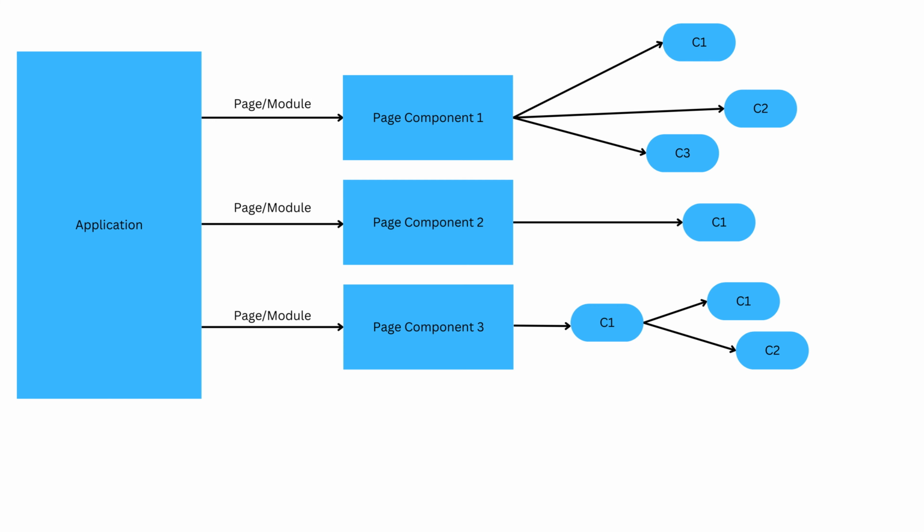As you see in this picture, the application can be divided into pages and modules. The page component can be a smart component. It can talk to APIs, or it can talk to the state, if you are using the Pinia state management library, or any other library.